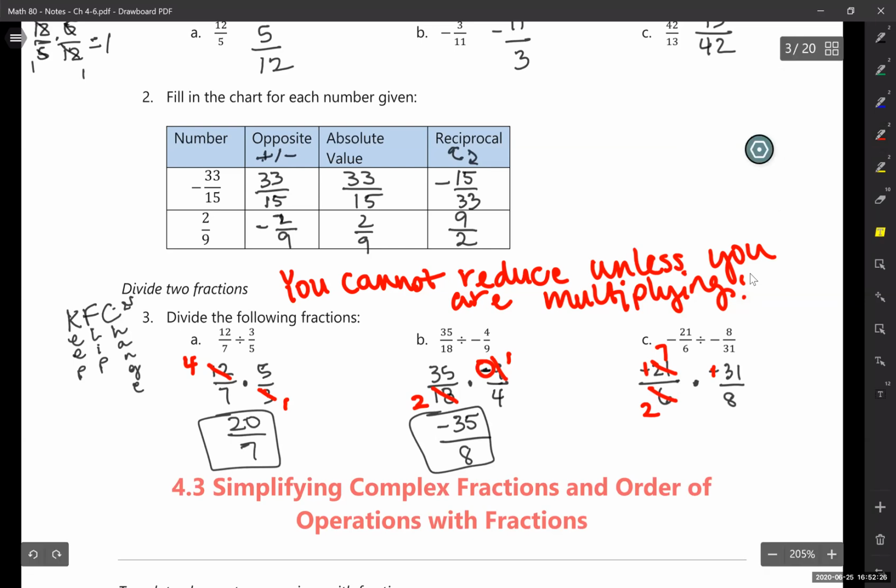So I am done reducing, and I get 7 times 31 on the top, which is 217. Remember, this is positive because I canceled out both of those negatives. And then 2 times 8 is 16. So I get that as my final answer, 217 divided by 16.